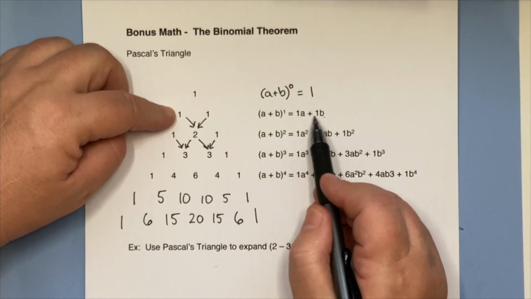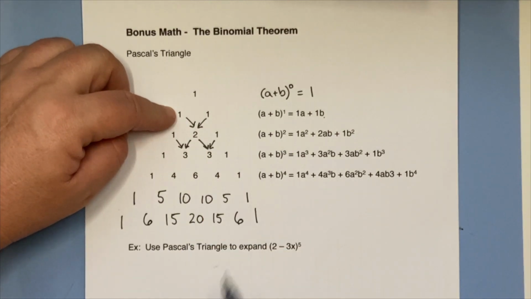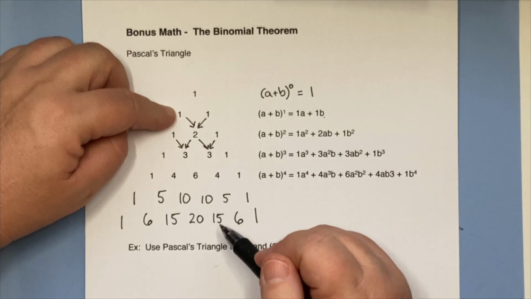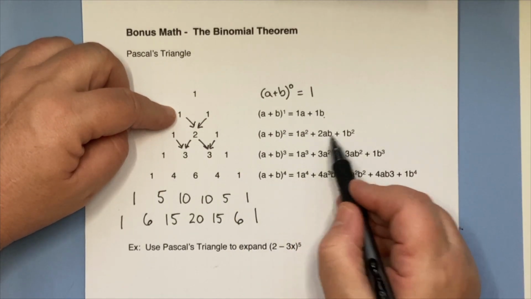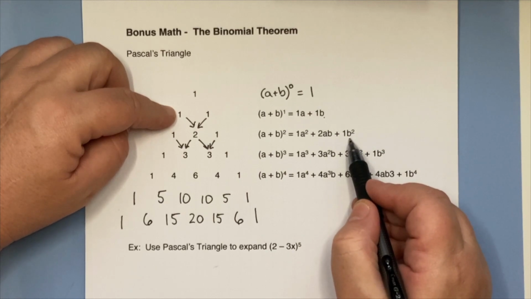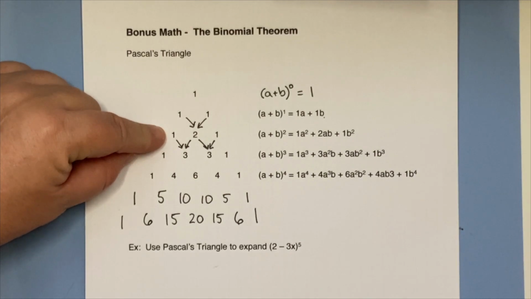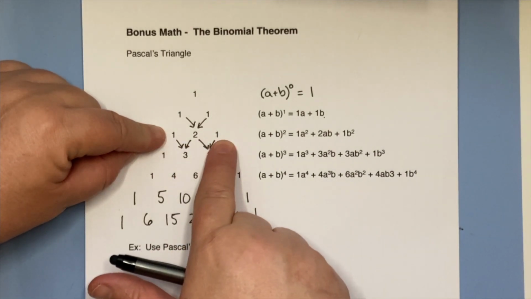If there's a 1 there and a 1 there, those are the coefficients. And now what you may remember, a plus b, the quantity squared, this is something you memorize, right? It's a squared plus 2ab plus b squared. And the coefficients are found right there. So there's the 1, a squared, plus 2ab plus b squared.